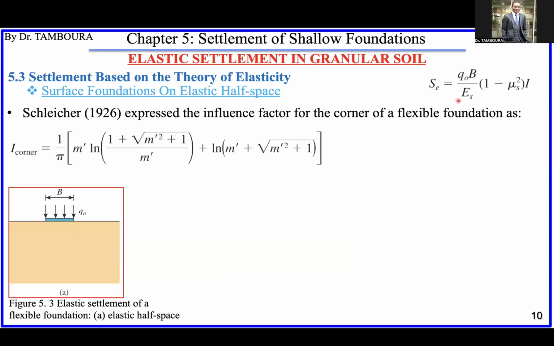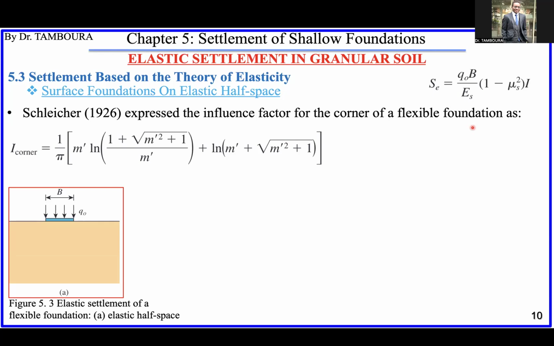Okay, so this is the equation proposed by this reference to express the influence factor I, because as we said, it depends on the position of your point of interest under the footing. Okay, this equation is for the corner of the flexible foundation. Okay, so remember we are dealing with a rectangular foundation.